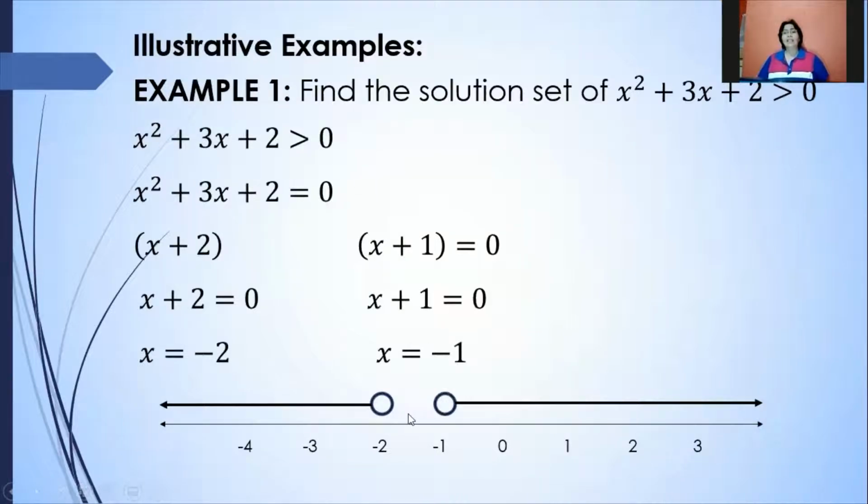Now, let us check a number between negative 2 and negative 1. You can use negative 1.1, negative 1.2, negative 1.3, but we have to choose the middle number, negative 1.5. Check if x equal to negative 1.5 is included in the solution set.